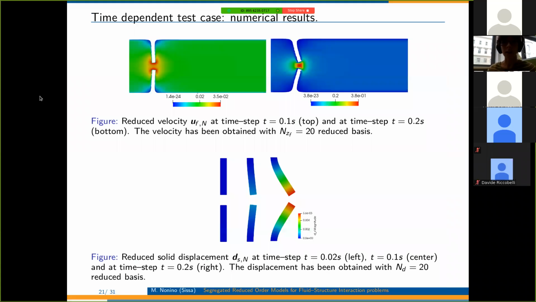And these are some numerical results. So at the top of the slide, you see the behavior of the fluid velocity at two different time steps. And at the bottom of the slide, you see the behavior of the solid displacement at three different time steps. And these results have been obtained using 20 modes, so 20 reduced bases for the fluid velocity and for the solid displacement.